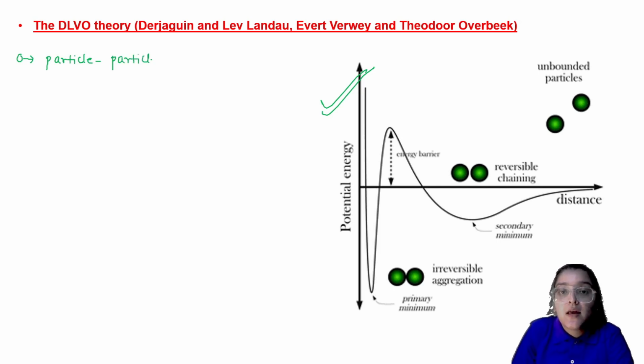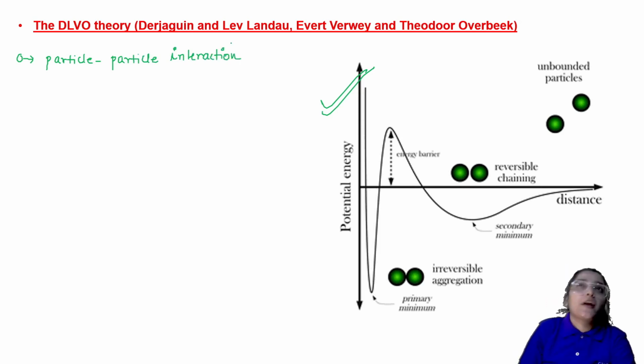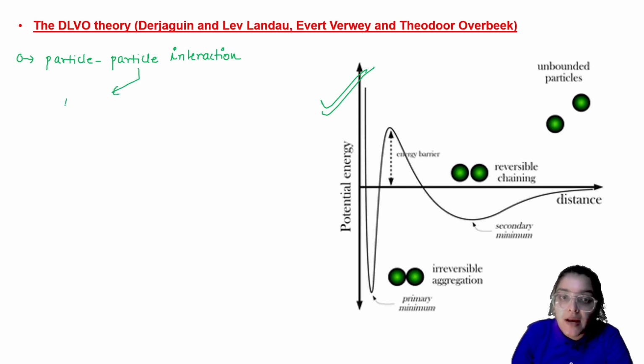Okay students, particle-particle interaction. Now these interactions can accommodate two types of forces. One is attractive forces and the other one is repulsive forces. Just like you might know that like charges repel each other, right?